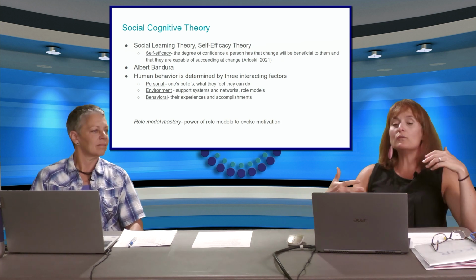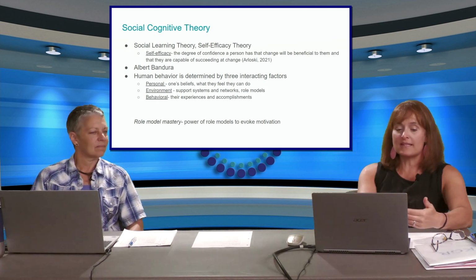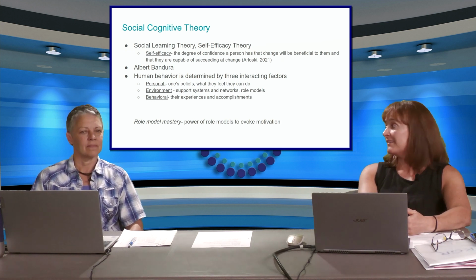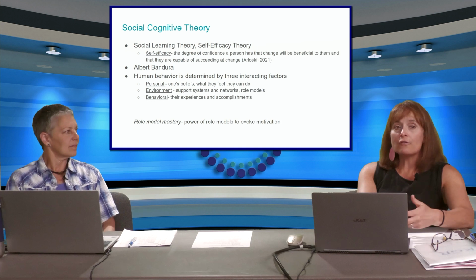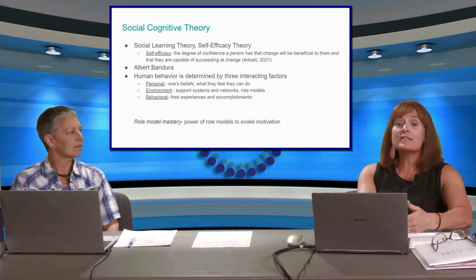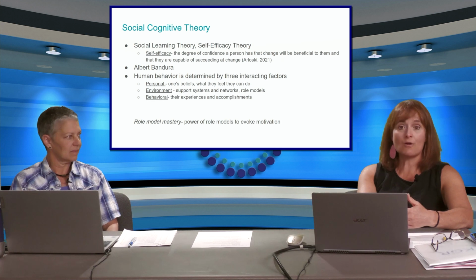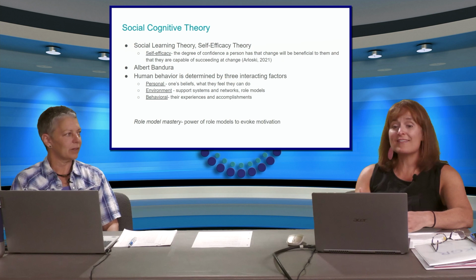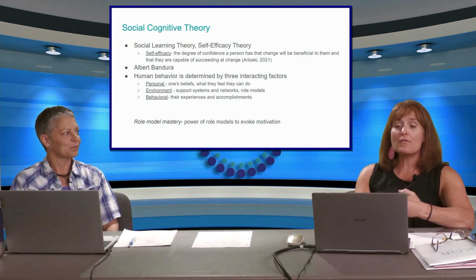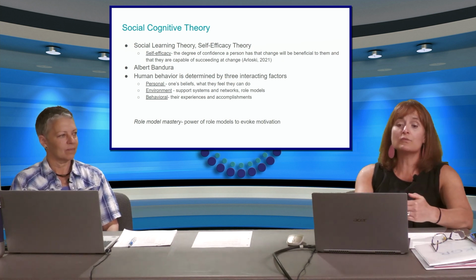And then there's the behavioral, and this is actually experiences and accomplishments that person has had in the past. You've got that person who has tried to lose weight for 15 years, over and over and over again. Those experiences are going to play a major role in how they move forward and even their confidence. So their behavioral aspect is really huge.